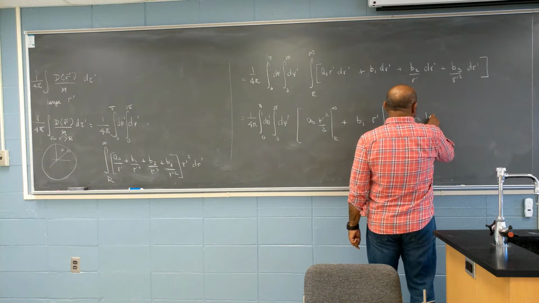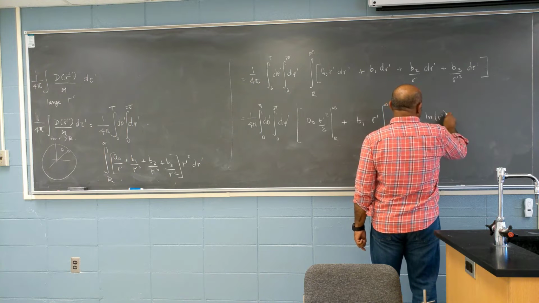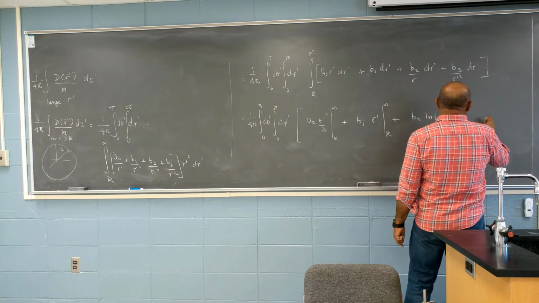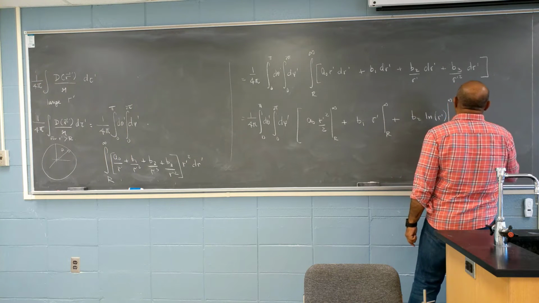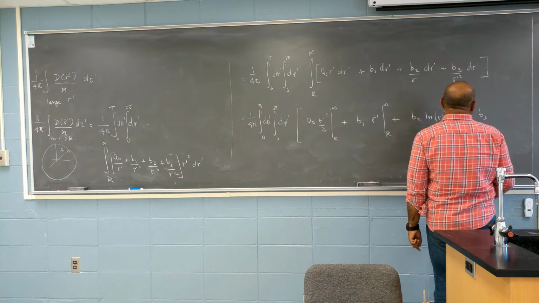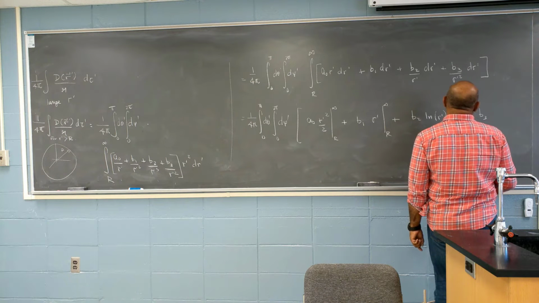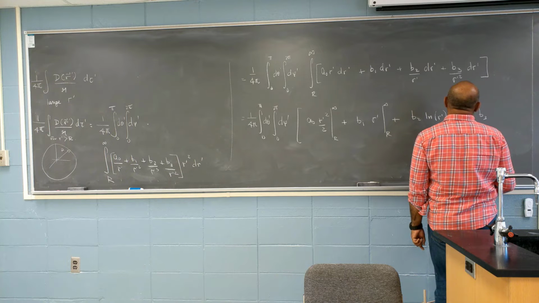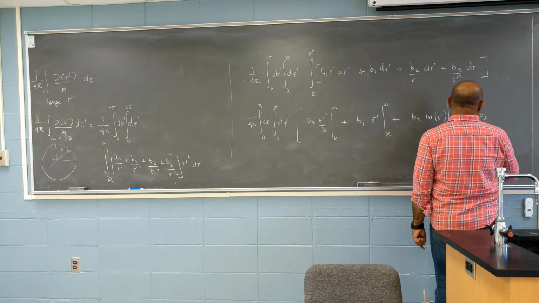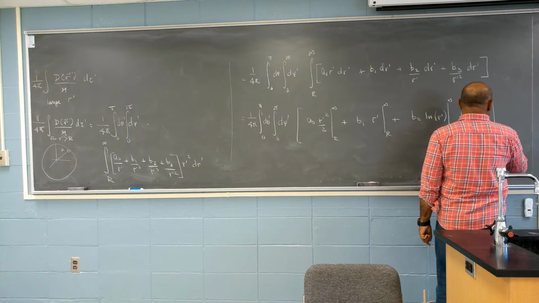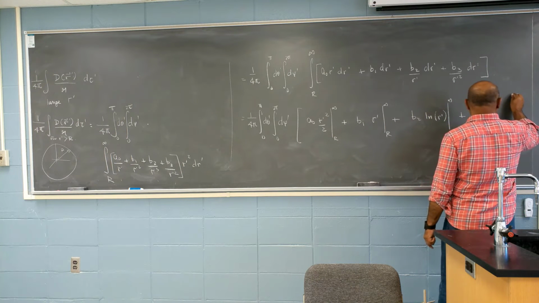B2 times natural log of r prime from r to infinity, plus B3 times r to the minus 2, which becomes r to the minus 1 divided by minus 1, from r to infinity.